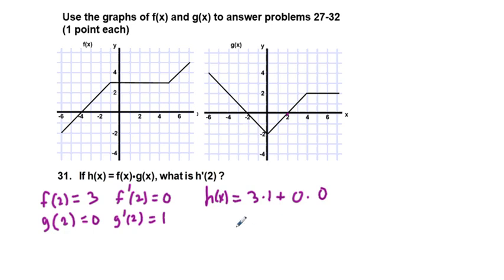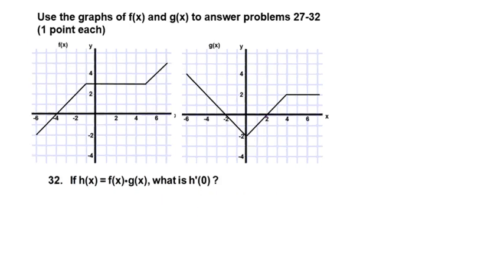Yeah, so 0 is all the way around. So h prime of 2 is equal to 3. And I made a little notation mistake here. This should be h prime of 2 at this point. Okay, so this will be our answer.